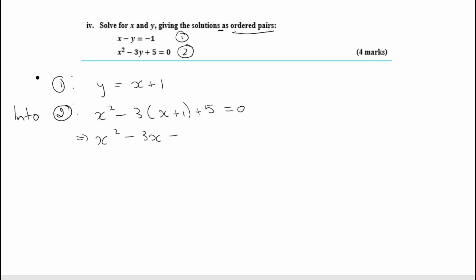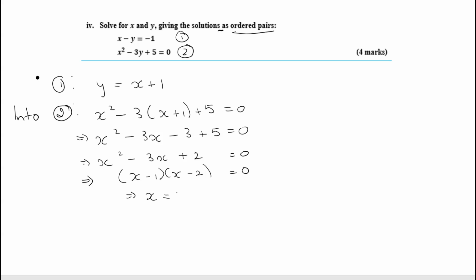Watch, negative 3 times 1 is negative 3, which will give us plus 2 equals 0. That's factorizable, or you could use the formula. I'm going to factorize it. So it gives us 2 x values, which you could have expected because we've got a squared.